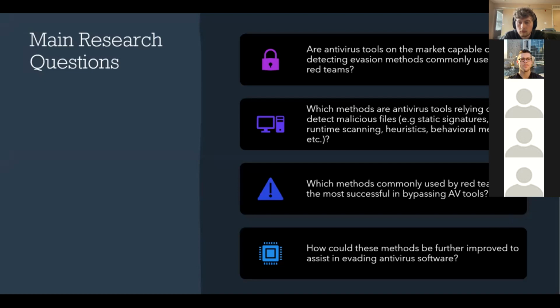Just a little background information. Bypassing antivirus tools is a very important part of gaining a foothold on a target system. Red teams will often need to bypass antivirus tools in the course of gaining a foothold on a system.